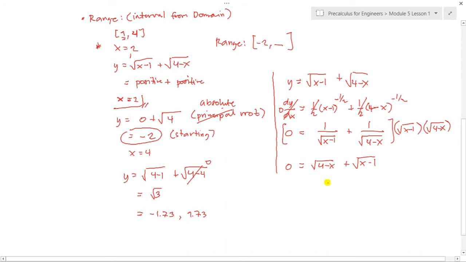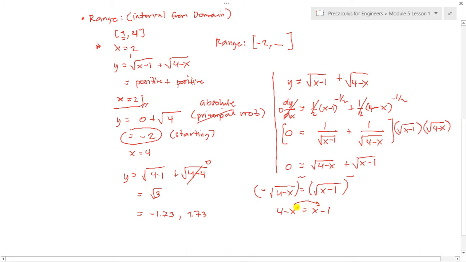So here we can transpose one of the expressions to the other side. So actually this will now be negative, and then take the square root of both sides. So we have 4 minus x is equal to x minus 1.